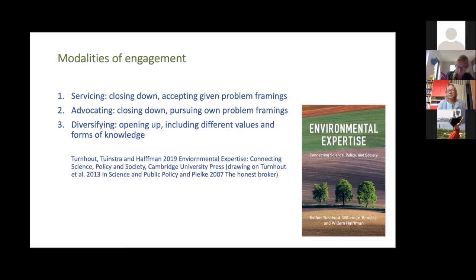The second is advocating, which comes down to, this is what you should be doing. And the third is diversifying, which is the core of the co-production or co-creation mode of working: opening up to include different values, forms of knowledge and perspectives.